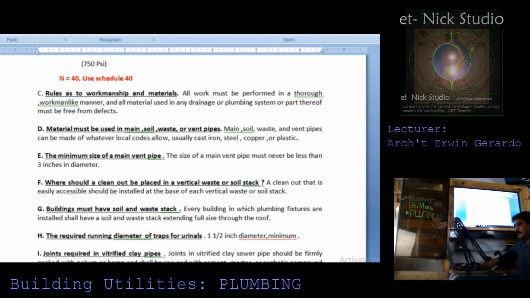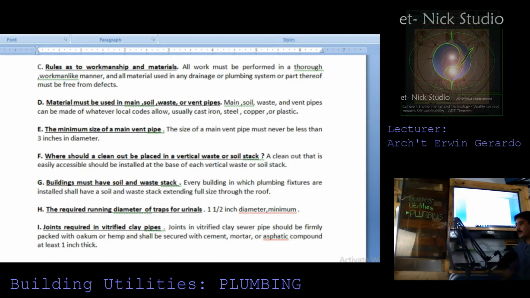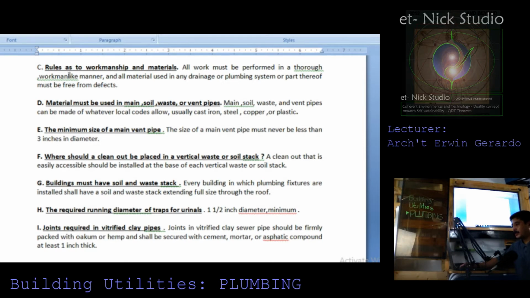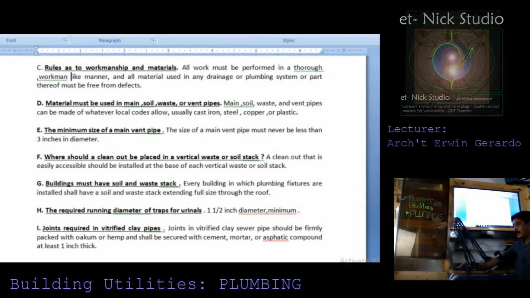Let us tackle rules as to workmanship and materials. All work must be performed in a thorough, workmanlike manner, and all materials used in any drainage or plumbing system or part thereof must be free from defects.